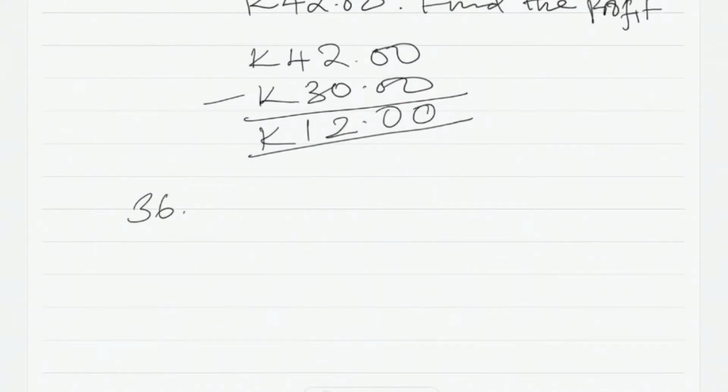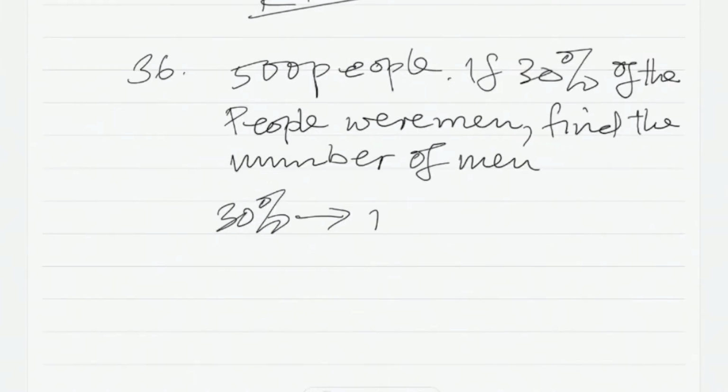In a meeting, there were 500 people. 500 people in a meeting. If 30% has been taken off. So 30% is standing for men.